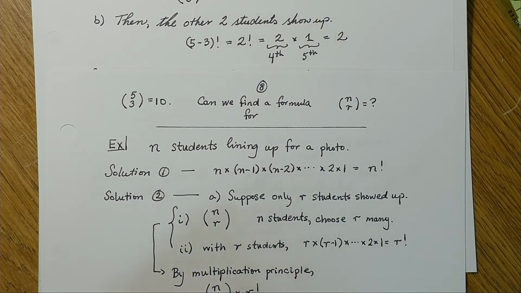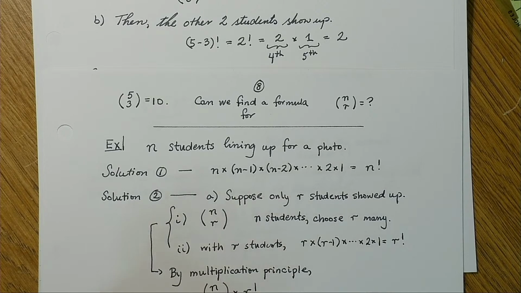Okay, for part B, so I had R many show up initially, and then I'm going to have the remaining students show up.